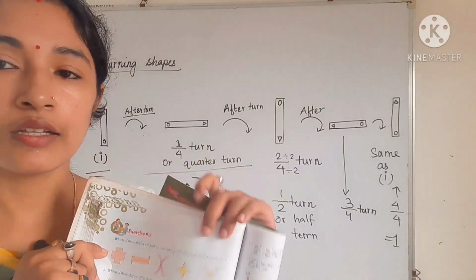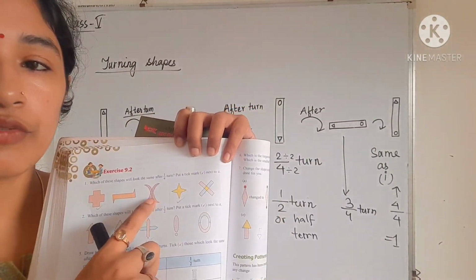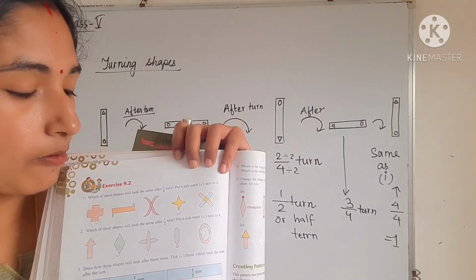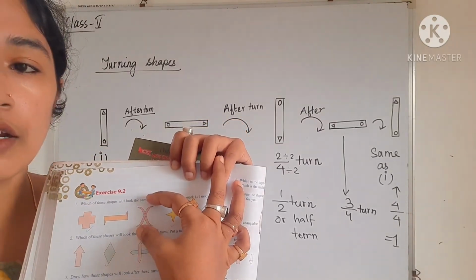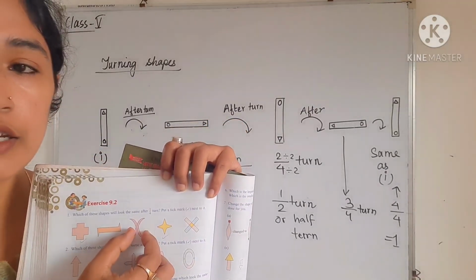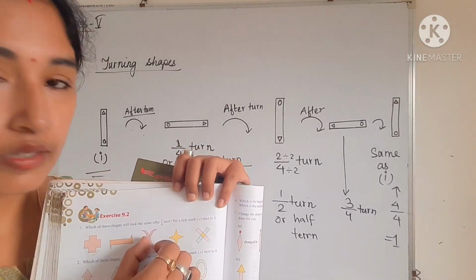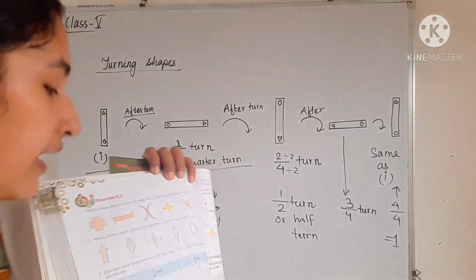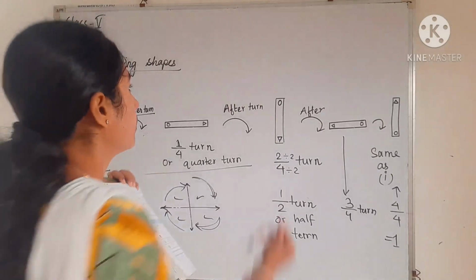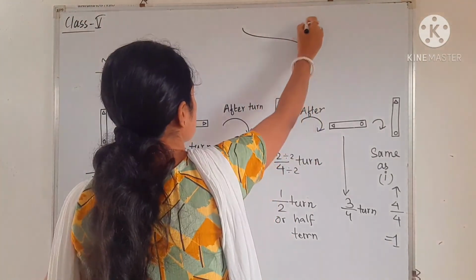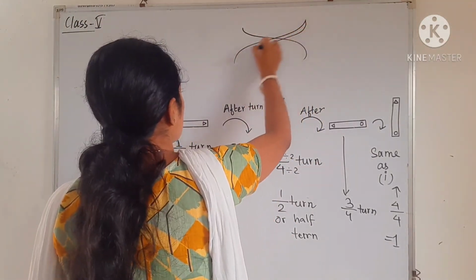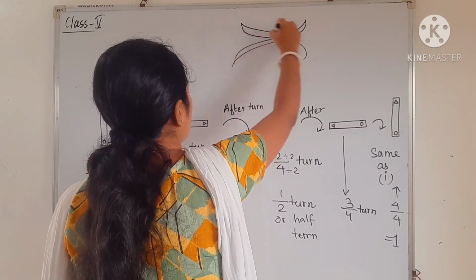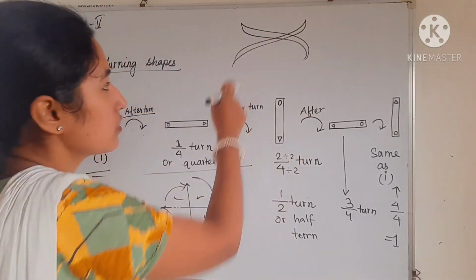But you will not get in the third figure. Why are we not getting in the third figure? Because see, this is a taller figure, and from this side, there is not much space. If you turn this like this, so this will come like x only, but there will be much more distance. So this will come like this. If you turn 1/4, then this will look like this.